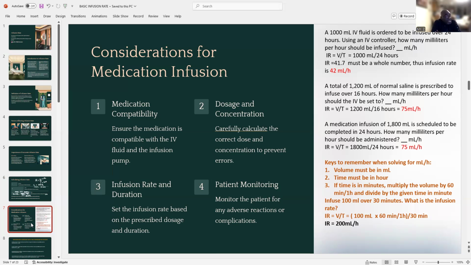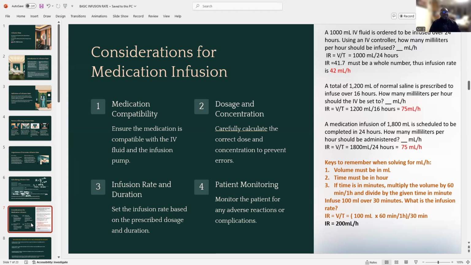If the doctor says infuse 100 milliliter over 1 hour, your rate of infusion is going to be 100 milliliter divided by time, which is 1 hour, which is going to be 100 milliliter per hour. So you will set your pump at 100 milliliter per hour.